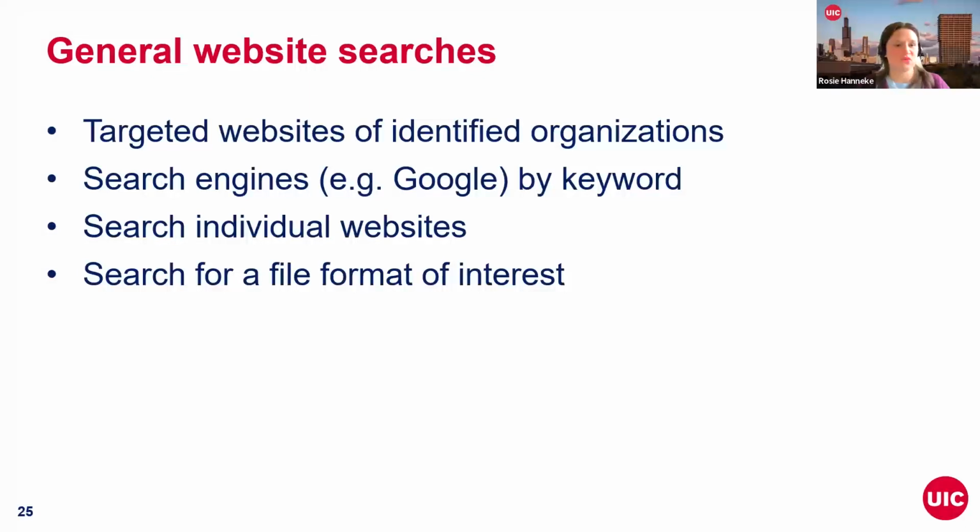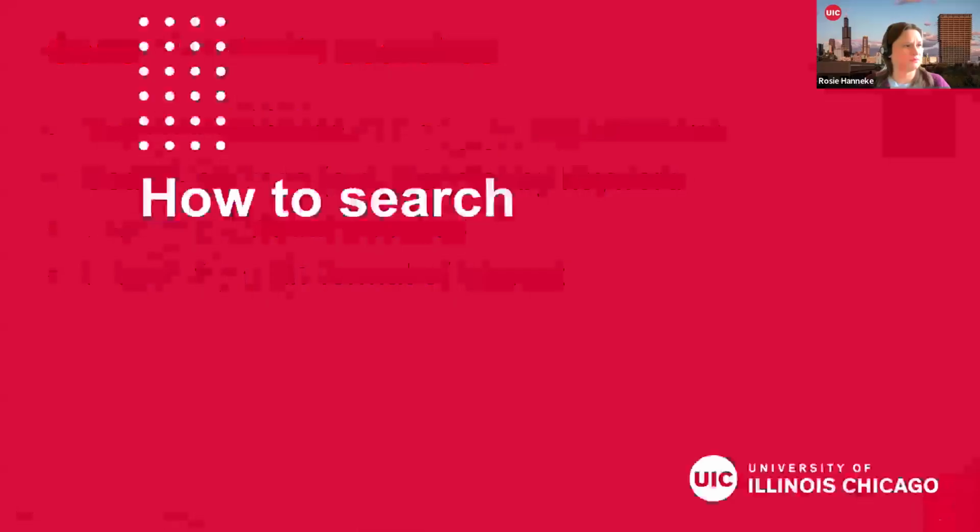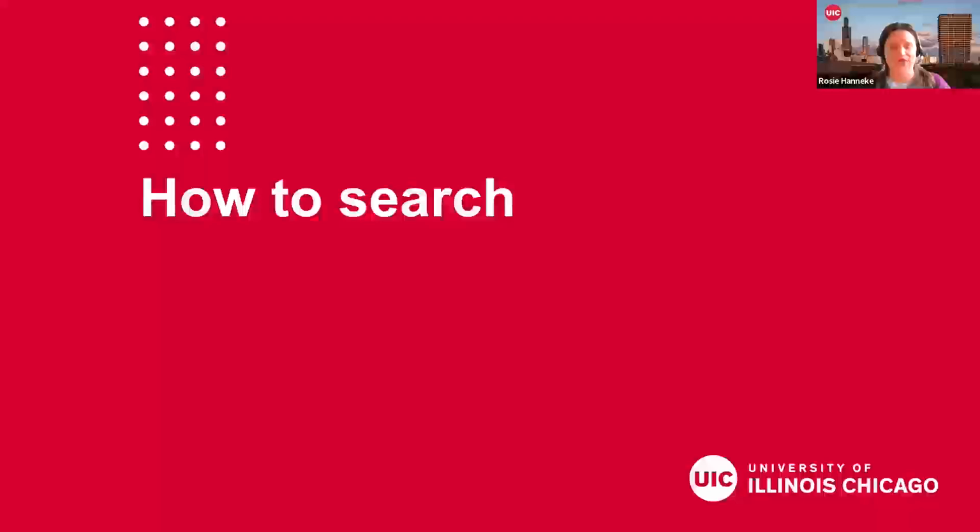And if you're looking for a particular file format, let's say you're doing a mapping review of a particular type of pedagogical approach, and you want to look for PowerPoint files, you can look for a specific file type using Google. So how do we do that?